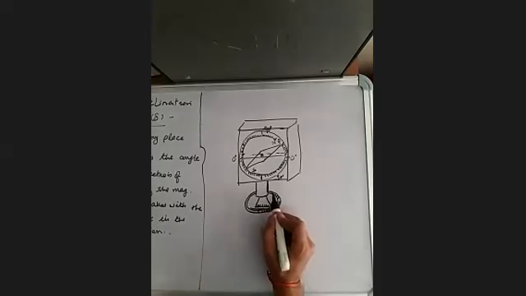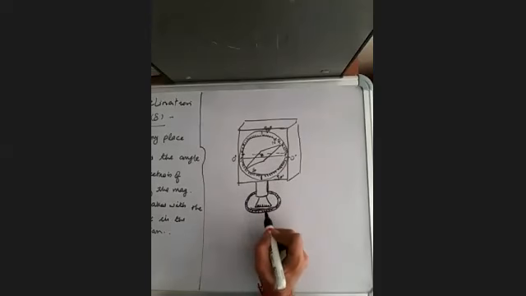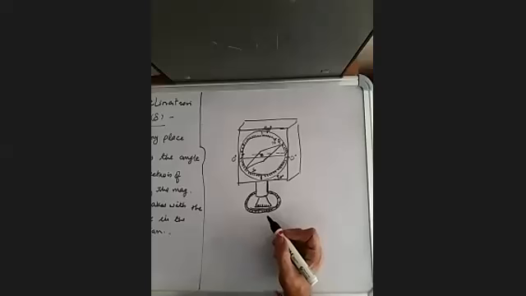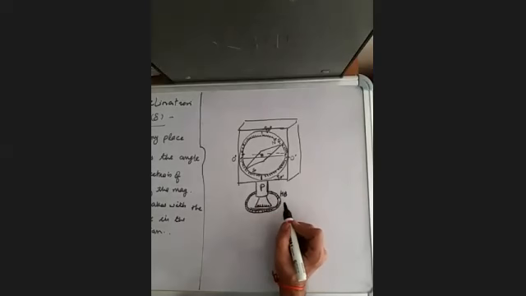This scale is in the horizontal plane. This represents HB, the horizontal base, and this is pivoted on P, the vertical pivot.